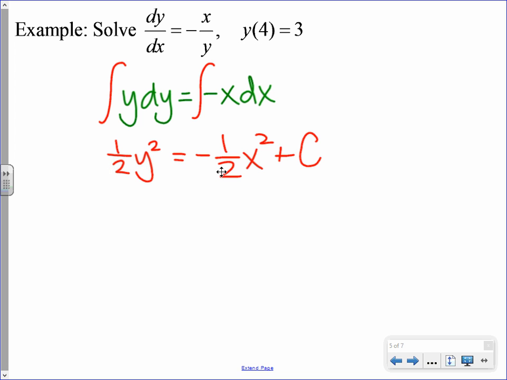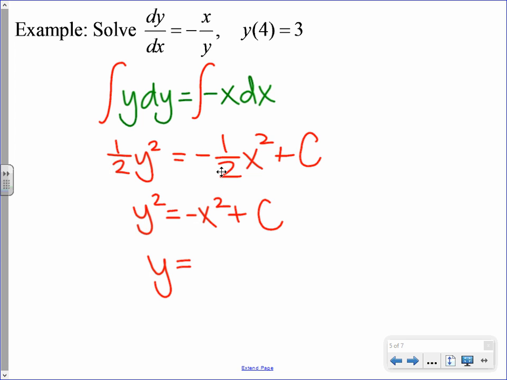So we would multiply by that 2. So we have y squared equals negative x squared. 2 times c is still a constant. This is where that c would change depending on where you plug it in. But by the end, it's still going to get to the same place. Okay, so it's a good conversation to have.